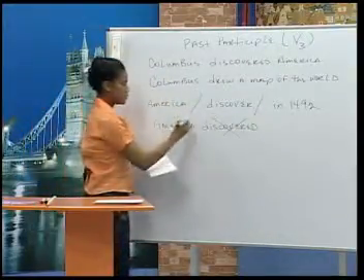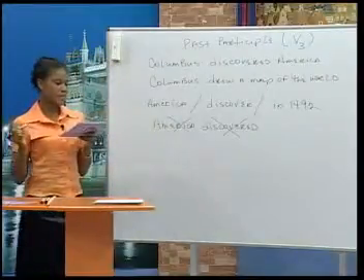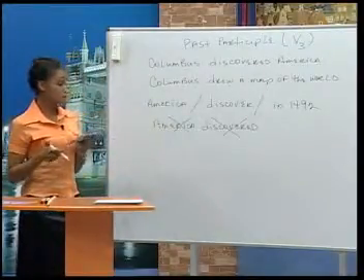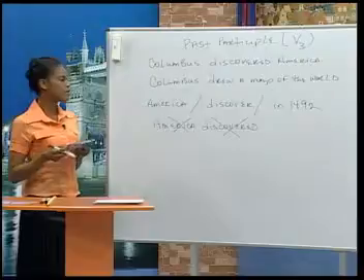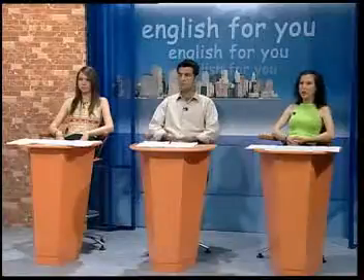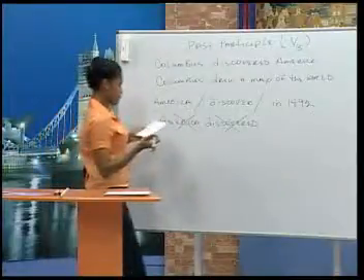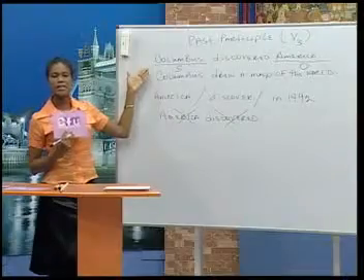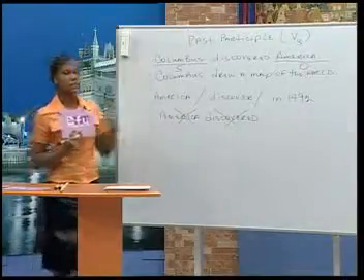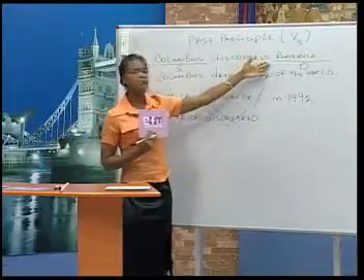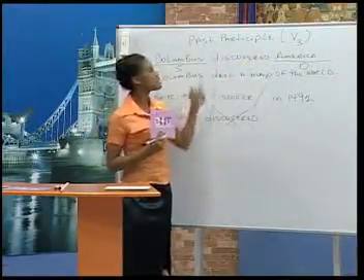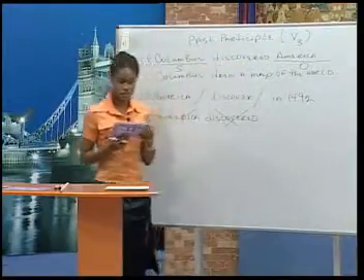Now, in this sentence, is America the subject or the object, Linda? America is the object and Columbus is the subject. Very good. Okay, Columbus is the subject because he does the action. America is the object because it's what Columbus discovered.